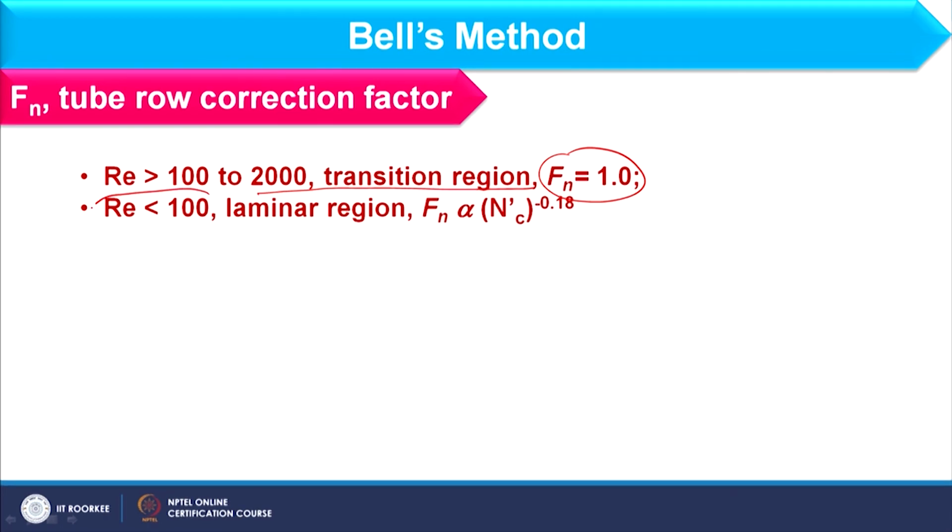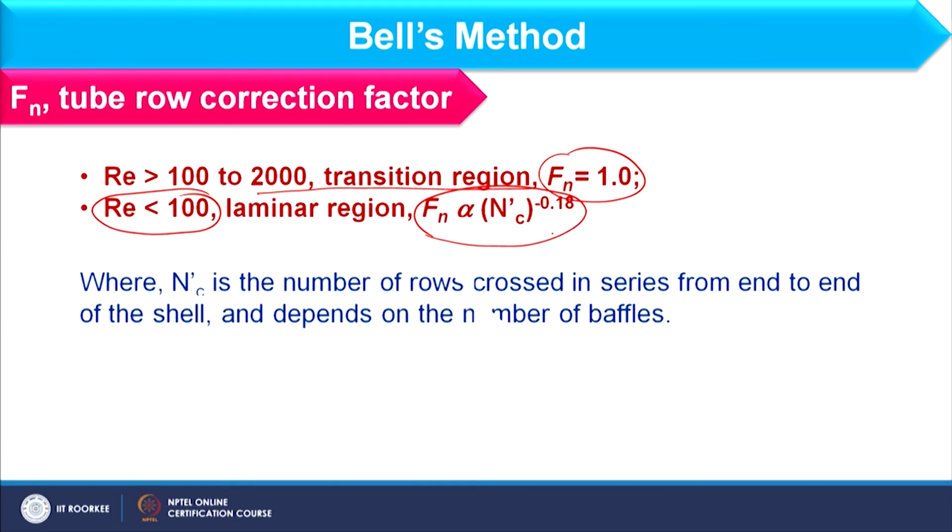And further, if it is falling in laminar zone where Reynolds number is less than 100, we have to use this expression where Fn is a function of Nc dash power minus 0.18. Now, what is this NC dash? NC dash is basically number of rows crossed in series from end to end of the shell.